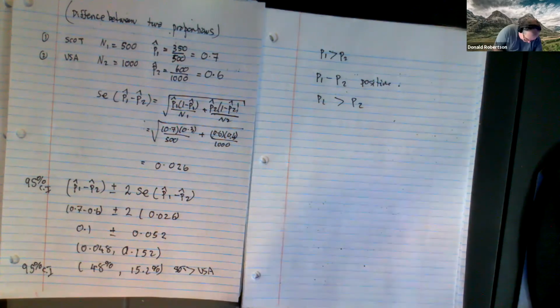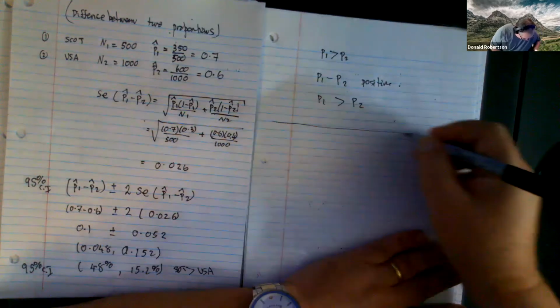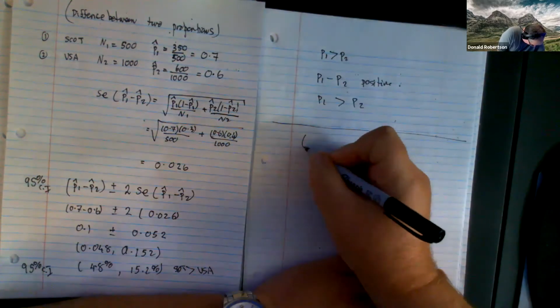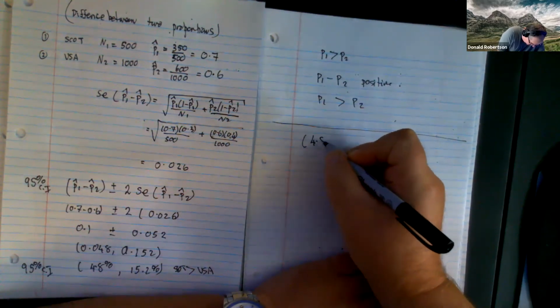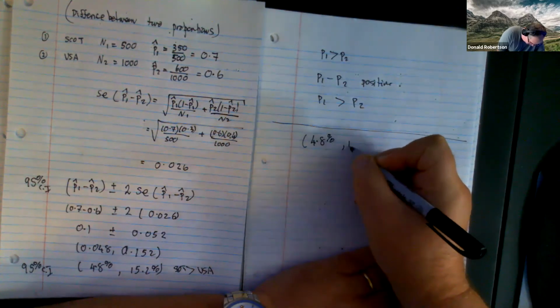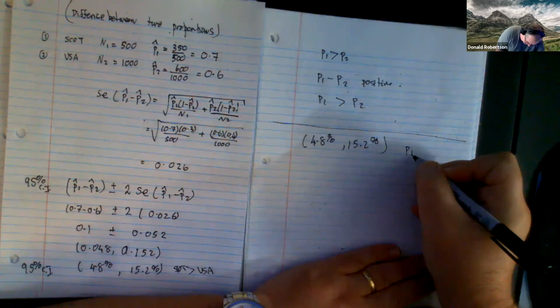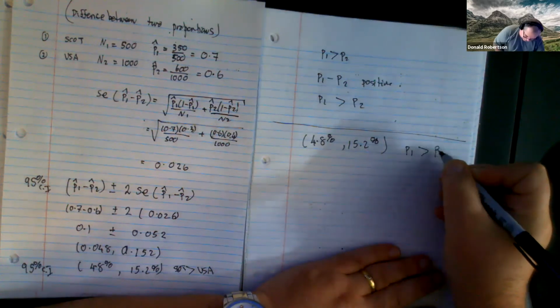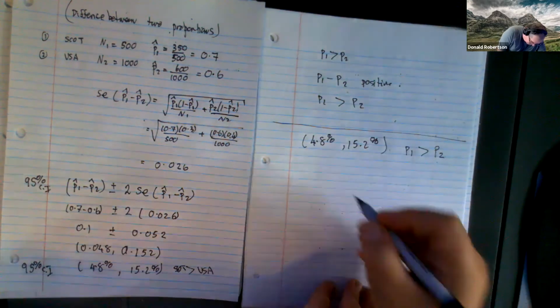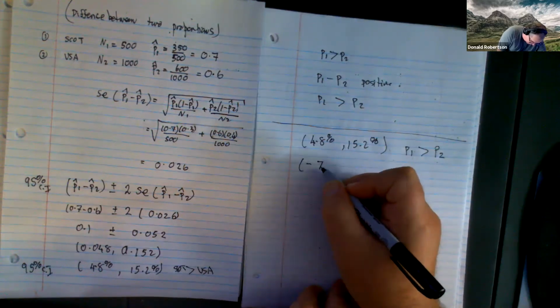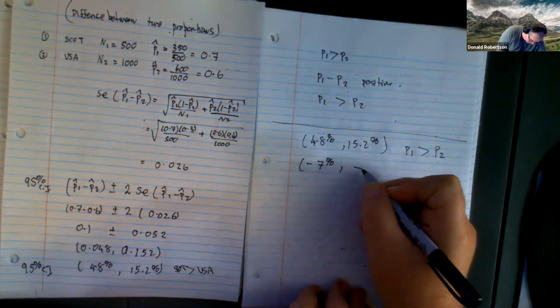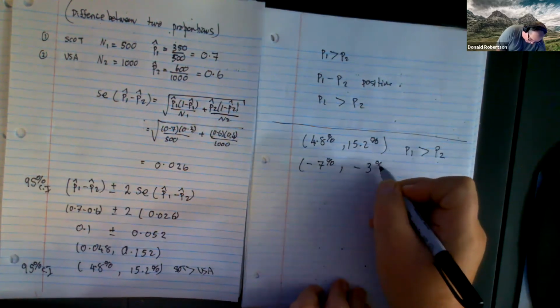Now, there are 3 distinct types of answers you get. You get the answer where everybody is positive. And that means whatever the first thing is, it's bigger than the second. Sometimes all the numbers are negative.